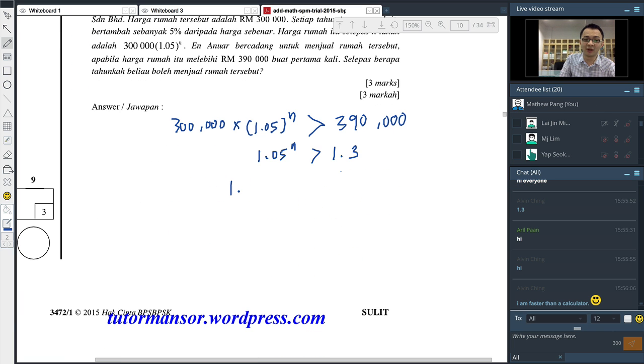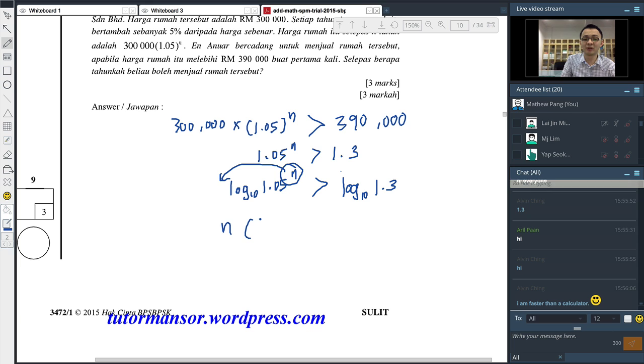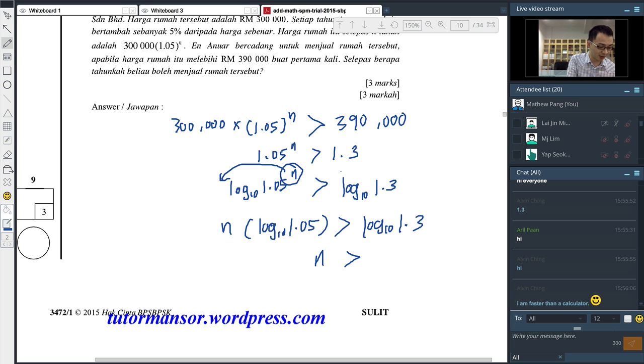So I will log 1.05 power of n bigger than log 1.3. Then I'll move the n in front. So this is n multiplied by log 1.05 bigger than log 1.3. So n will be bigger than this value divided by this value. So I say log 1.3 divided by log 1.05.